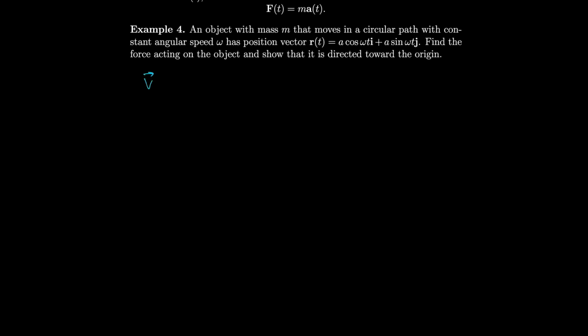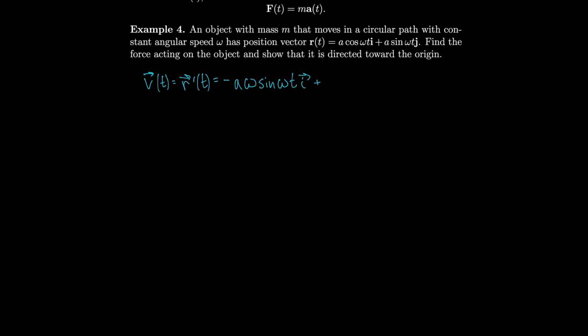So first let's get to v of t. That's just the derivative of position. So let's see, derivative of cosine is minus sine. So we'll just use the chain rule. Omega is a constant, so this is like taking the cosine of 2t. So it just becomes minus a times omega times the sine of omega t i.